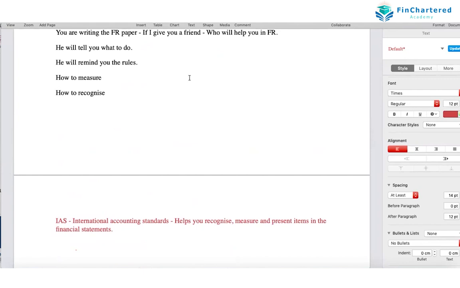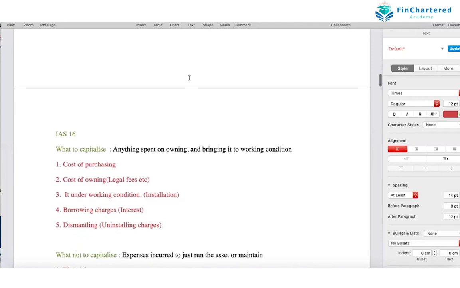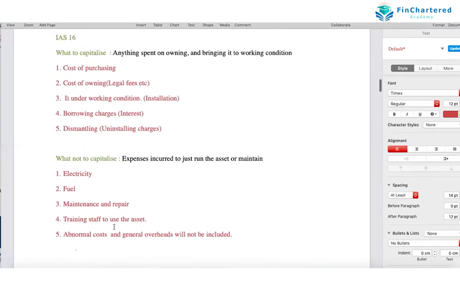I mean, this is an extreme example. But this is your fault. You cannot capitalize it. Is everybody clear why abnormal cost will not be included? Yes or no? Satakshi is clear. What about others?